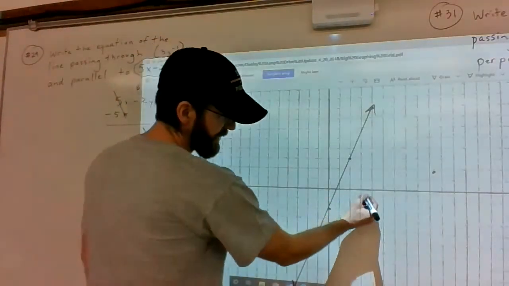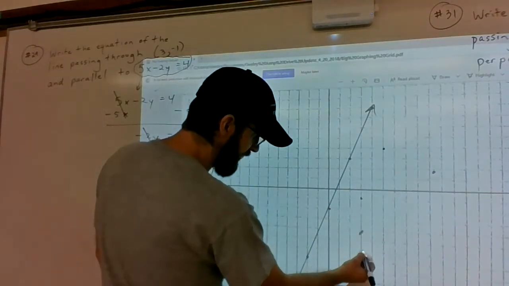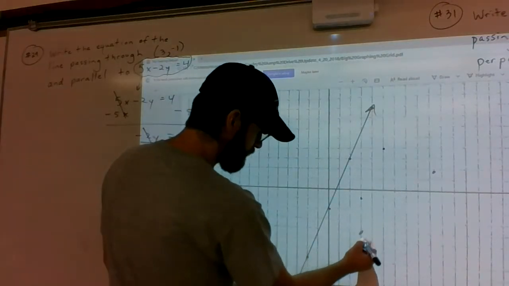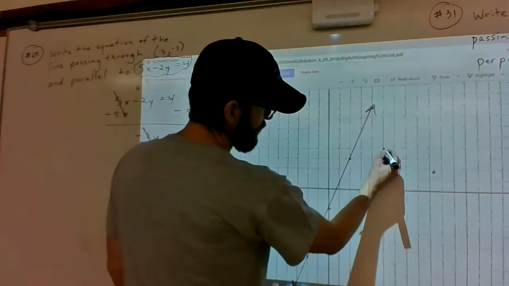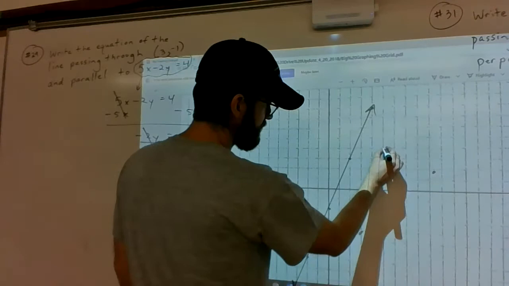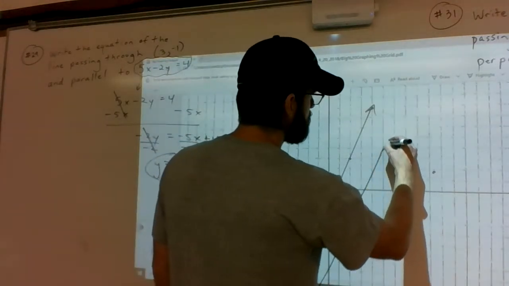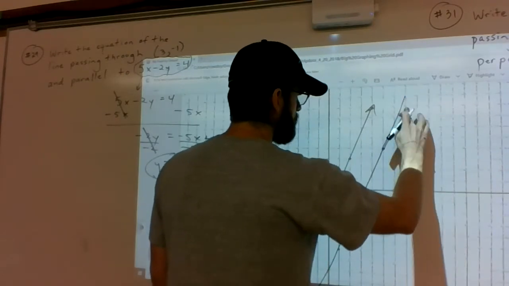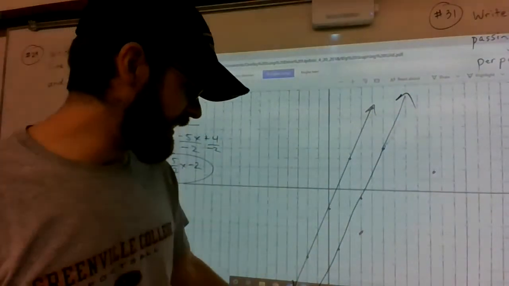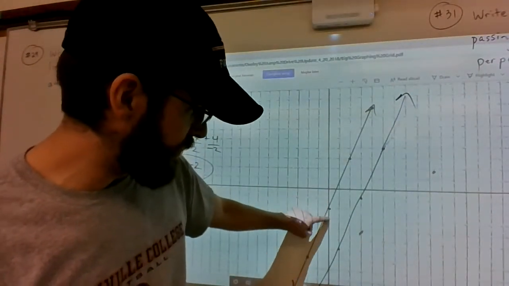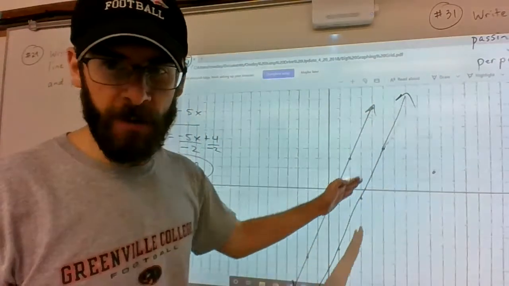So this one's going to go up 5, right 2, down 5, left 2, and do that exact same thing. Here's a rough drawing of it. Just by eyeballing it, maybe it crosses at around -8. I'm not going to rely on my wobbly drawing, though.